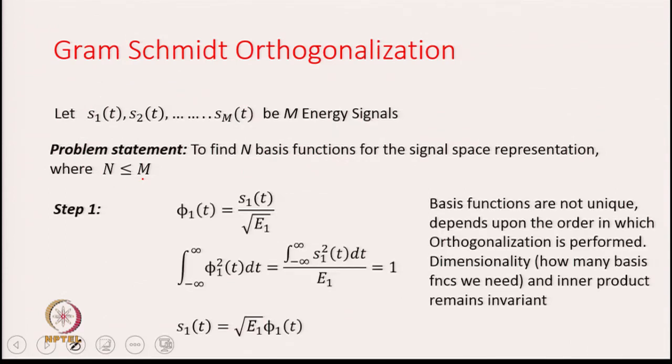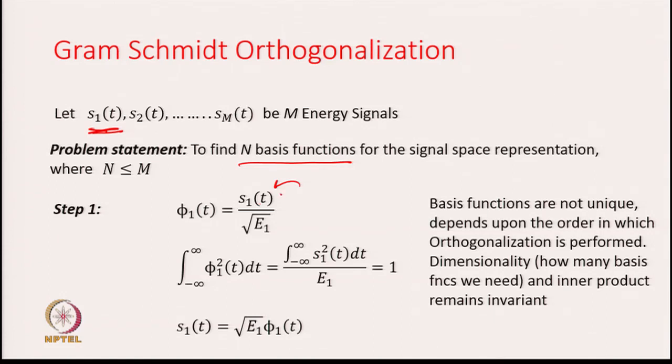The first idea is, let us start by picking a signal. I could have chosen any signal to start with, but let us start with this signal s1(t). Remember, these basis functions that we will obtain will not be unique, but they will depend upon the order in which you do this orthogonalization.